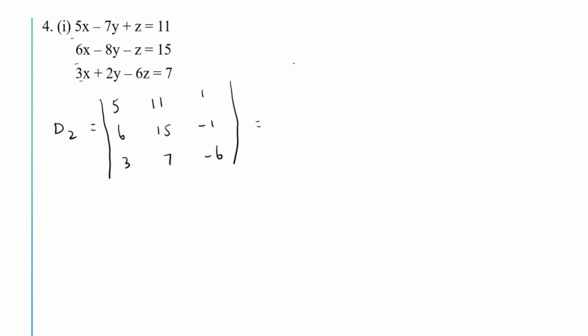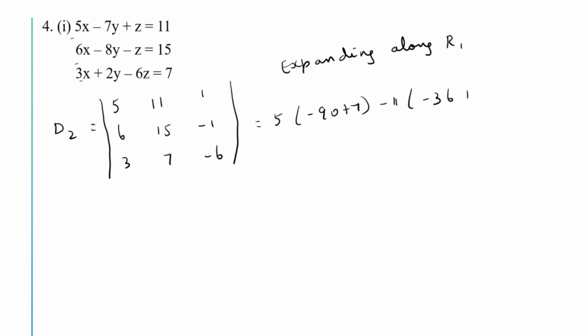So this is equal to, expanding along R1, five into minus 90 plus 7 minus 11 into minus 36 plus 3 plus 1 into 42 minus 45.